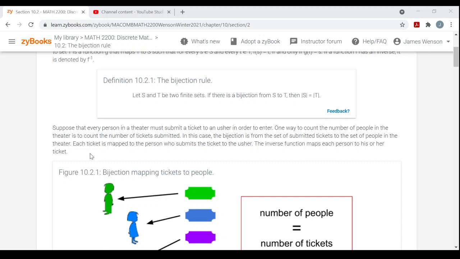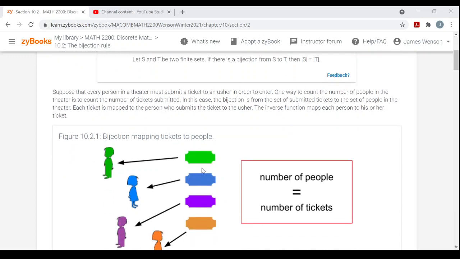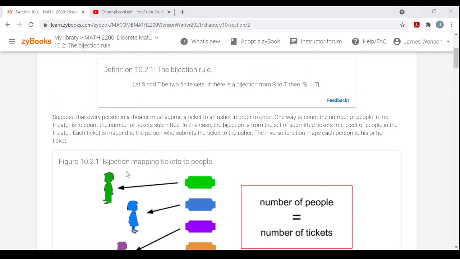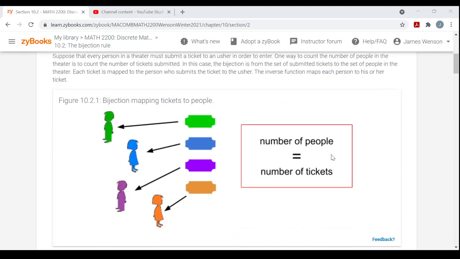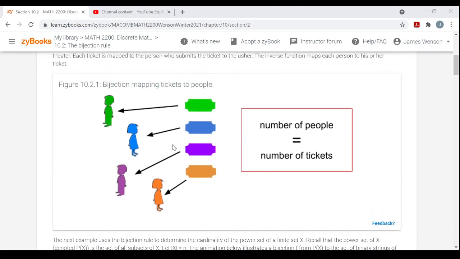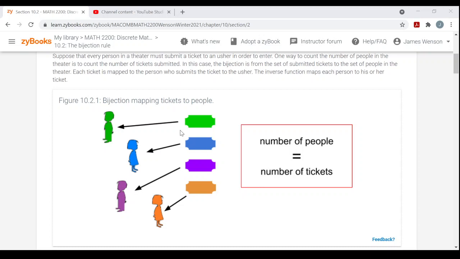Because again, it's one-to-one: two different tickets aren't going to the same person. And it's onto because every person in the theater has a ticket that they submitted. So each ticket is mapped to the person who submits the ticket to the usher. The inverse function would map the person to his or her ticket. Number of people equals number of tickets. Pretty simple bijection example.